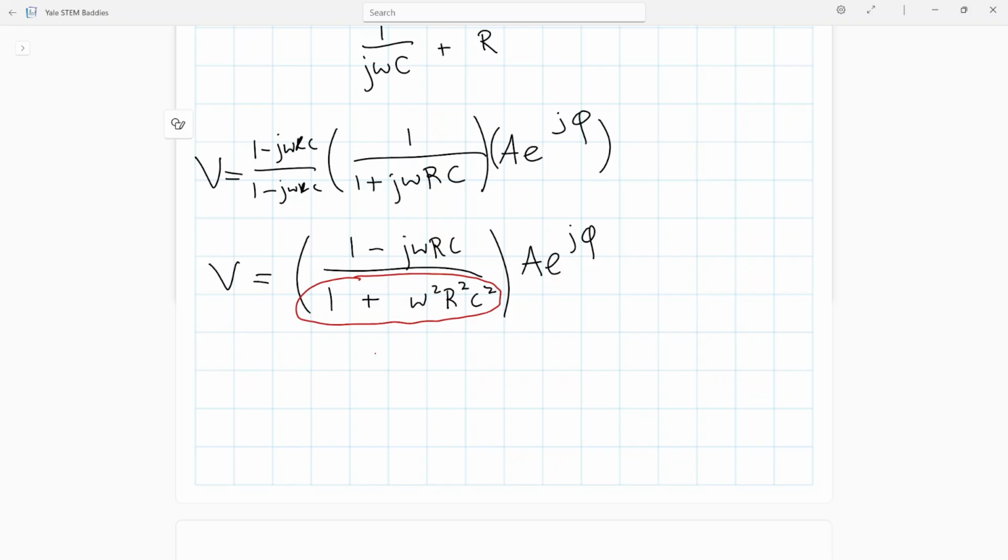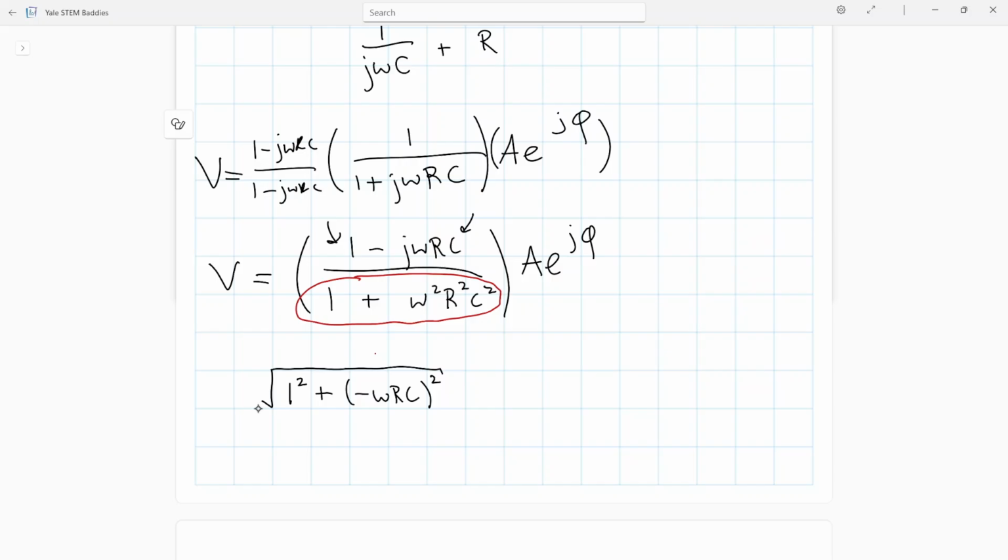If we ignore that constant, the real part is just going to be 1, so let's put a 1 squared there. And then we want to add in the imaginary part squared. The imaginary part of this number is negative omega rc, so we're going to square that.